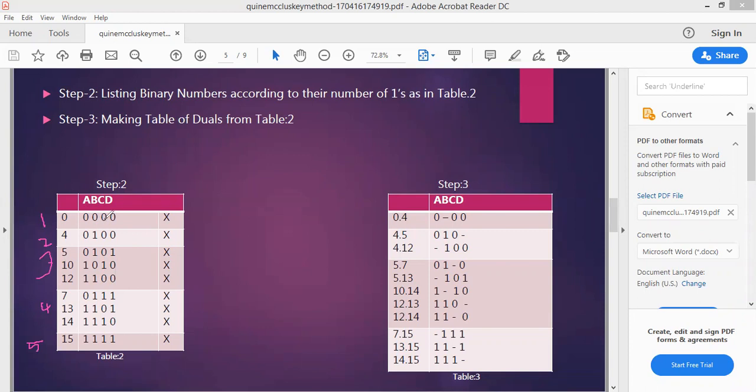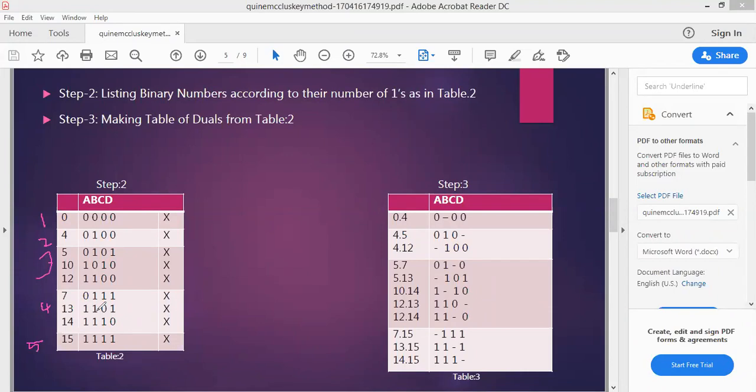In group 1, the number of ones is 0. In group 2, the number of ones is 1. In group 3, the number of ones is 2: 5, 10, and 12 have two ones in their binary representation. In group 4, we have 7, 13, and 14 with 3 ones.